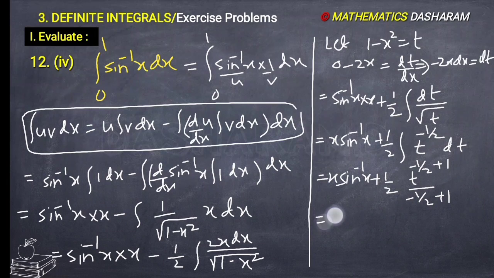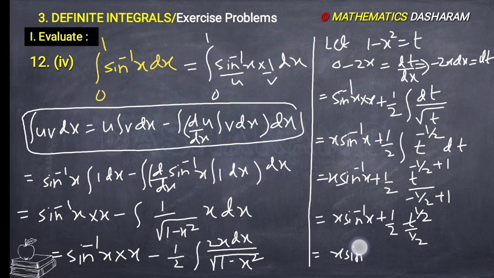So it is equal to x into sine inverse x plus 1 by 2, and minus 1 by 2 plus 1 is 1 by 2. So t to the power of 1 by 2 by 1 by 2. Then x into sine inverse x plus 1 by 2 into 2 into t to the power of 1 by 2.